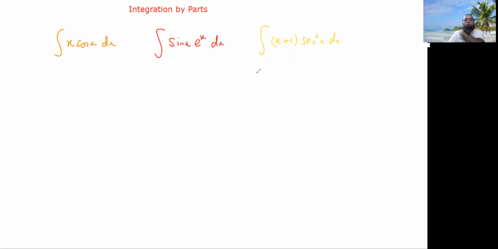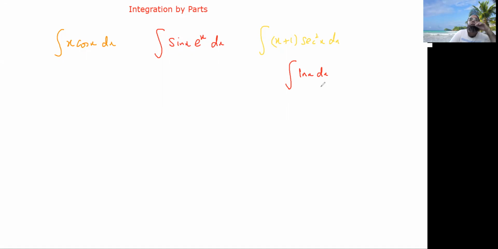So we have products over here, okay? Or later on you will see that using this integration by parts we'll be able to integrate something like ln x, or maybe sine inverse of x.